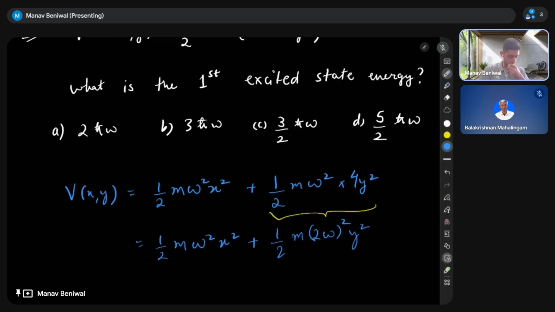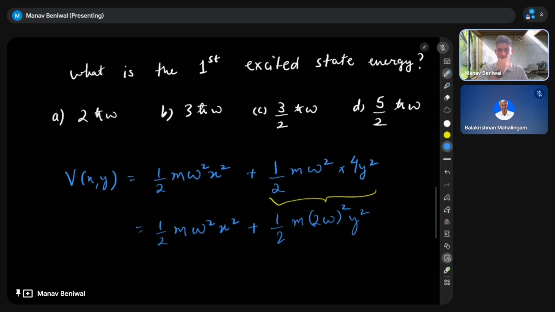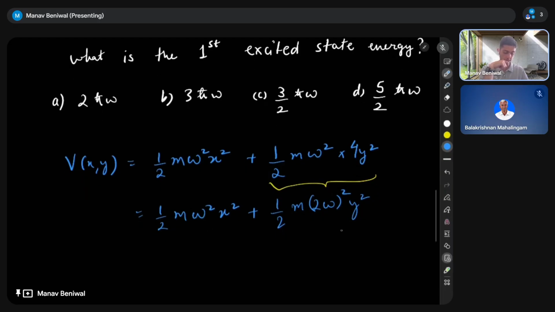Okay, so now basically what we have done is we have reduced our problem as a sum of two harmonic oscillator potentials, right? So this is simple harmonic oscillator with frequency omega, and this is another simple harmonic oscillator with frequency 2 omega, right?